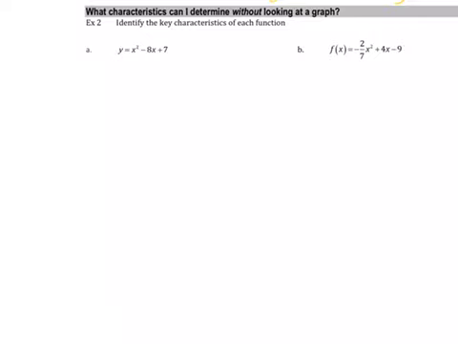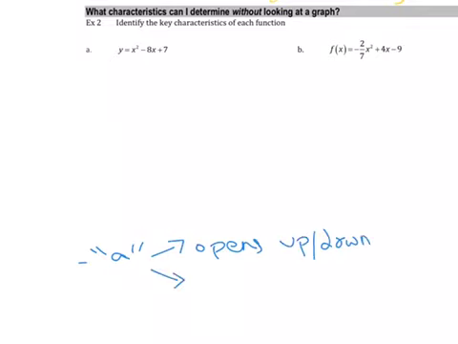So before we get started, let's recall a few things from the beginning, and I'm going to write them down here. Remember that the a value is going to tell us whether it opens up or down, and if it reflects over the x-axis. What else should we know?